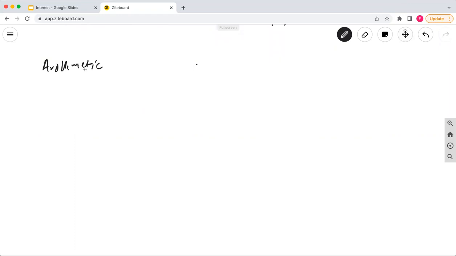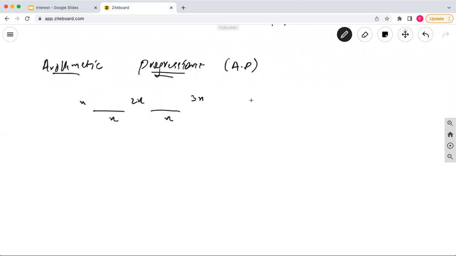We will discuss this in the series concept, but for timing, everyone of you knows about the arithmetic progression, usually called AP. It is a series in which there is a common difference between each two consecutive terms, right? So let's suppose this is X, the next will be 2X, the third will be 3X. If you subtract these, there is a common difference, which is X.